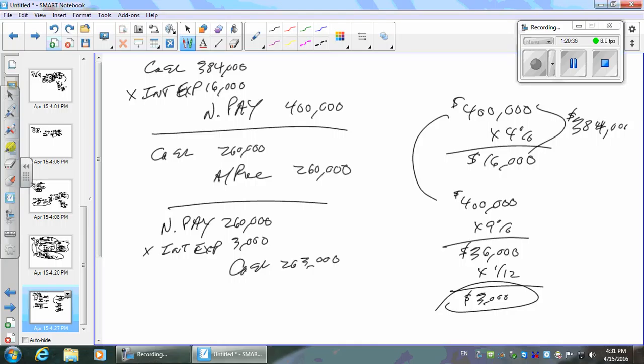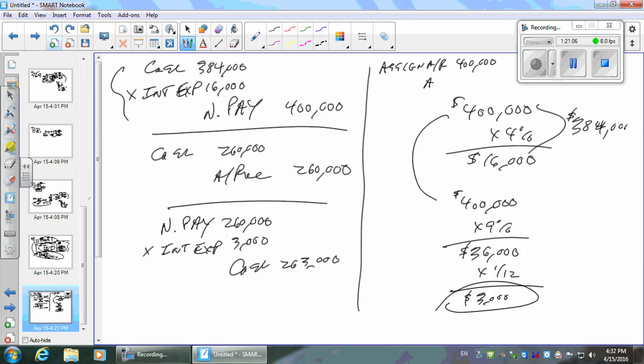Okay, what if they said they were going to use an account named assigned receivables? What would change? What you would add, if they're going to use an account, assigned accounts receivable, is when they give me the cash, this first entry up here, when they do that entry, I would also debit assigned accounts receivable for the whole 400,000, got it?